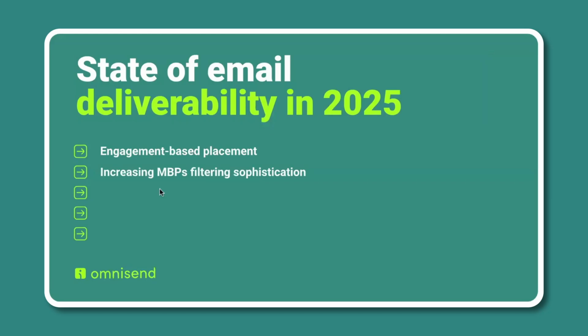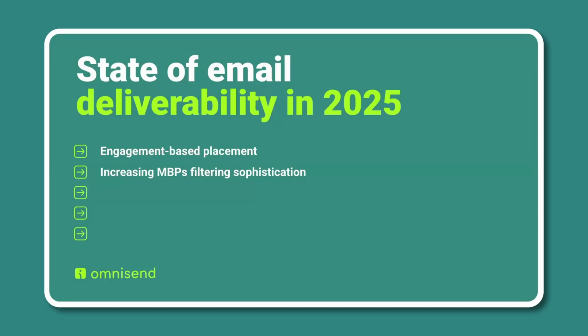We are continuing with the increasing mailbox providers filtering sophistication. As we already mentioned, everything is evolving: email deliverability, anti-spam filtering, and the algorithms they are using. And thanks to AI enhancement, algorithms are better now at understanding and detecting low value or spammy content.